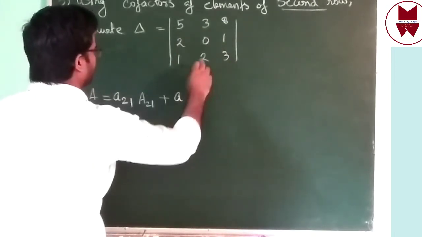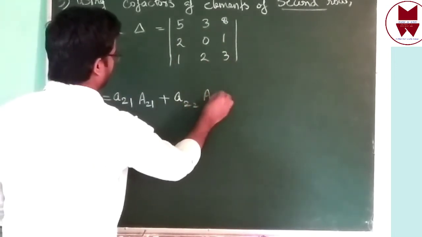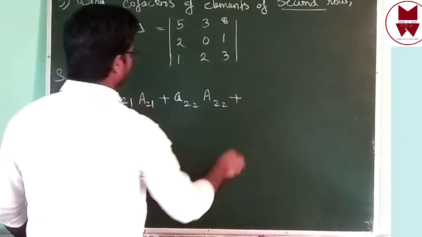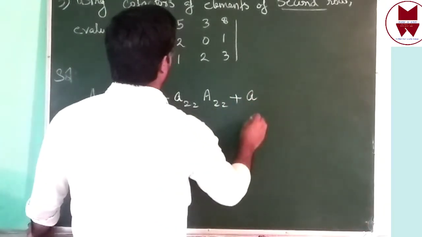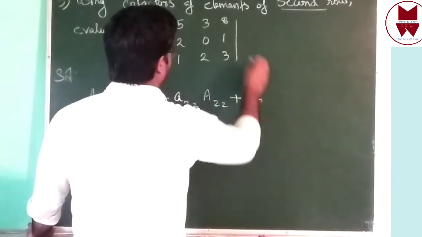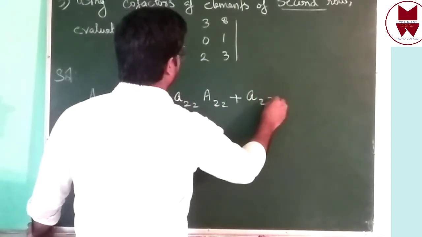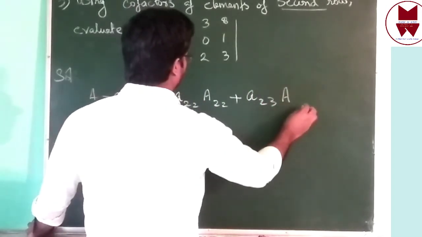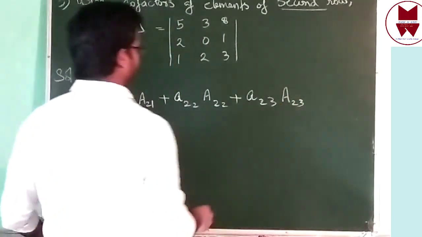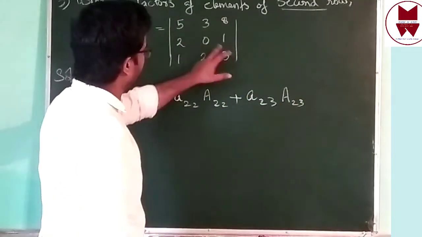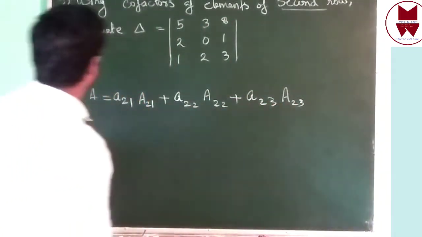Second row second column, A22, cofactor of A22, plus A, second row third column, A23, cofactor of A23.